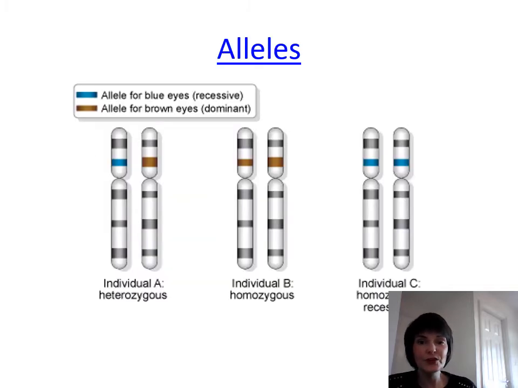Okay, so we're going to move on now and talk about alleles. Now, alleles, like I said before, are different forms of the same gene. So, for instance, we're looking at colour of eyes in this example. We've got 3 different individuals, A, B, and C, and we're also describing whether they are heterozygous, homozygous, or homozygous recessive.